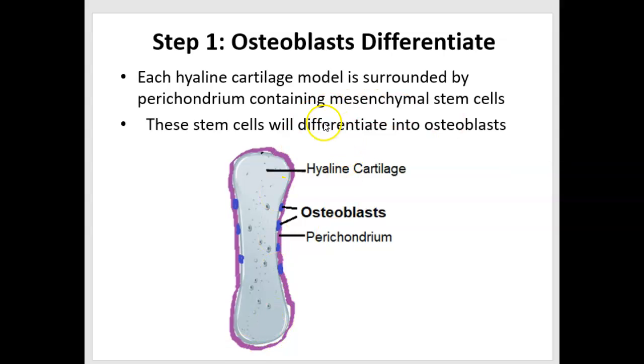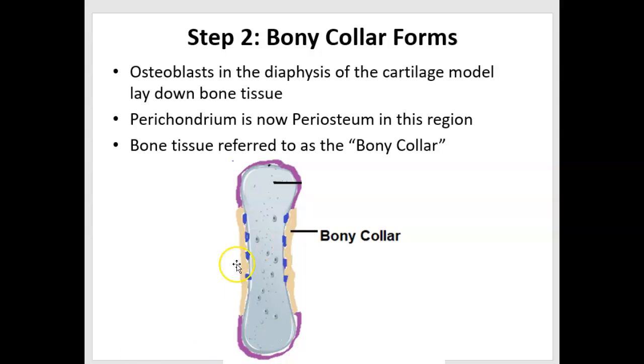And the perichondrium contains stem cells, mesenchymal stem cells, that eventually turn into osteoblasts, and they're shown in blue here. So these osteoblasts are underneath the perichondrium or embedded within it. That's step one. Step two, what happens is these osteoblasts start laying down bone tissue, osteoid, right?